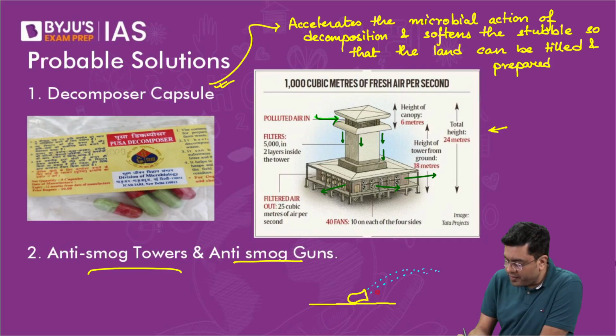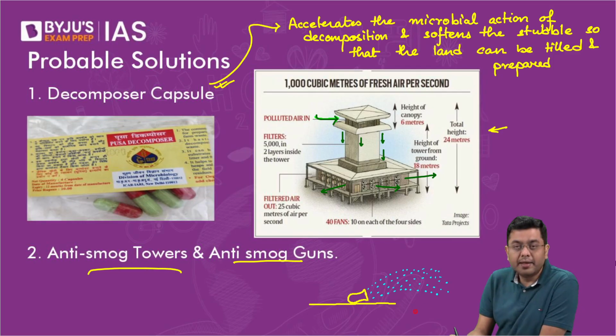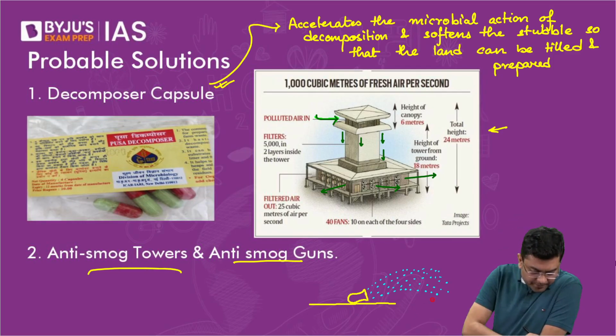The purpose is that these droplets will interact with the particulate matter, dust particles, etc., and they will be able to fix them to the ground surface so that the air is no longer polluted.